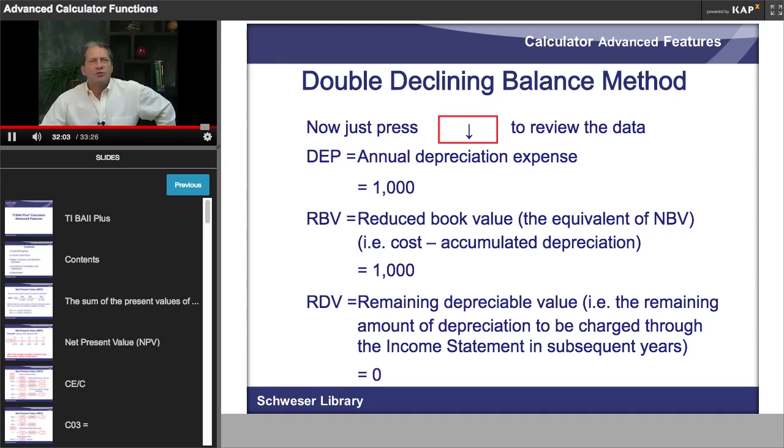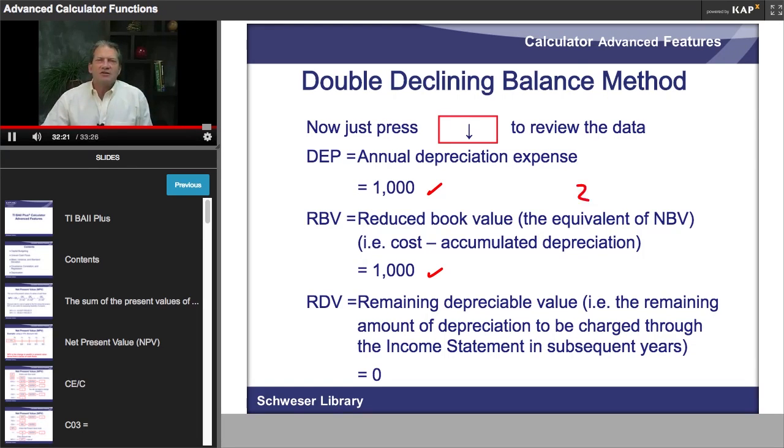And now we can just review the data. Annual depreciation in that second year is $1,000. Reduced book value, that is cost minus accumulated depreciation, is $1,000 at the end of the second year. Remaining depreciable amount, nothing.